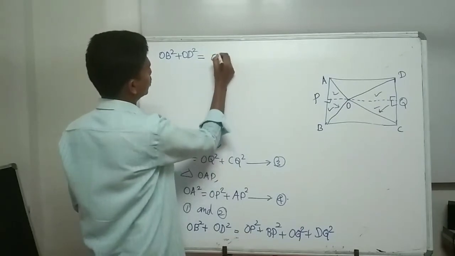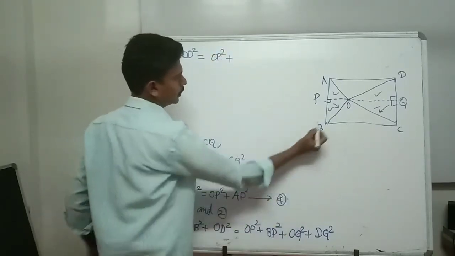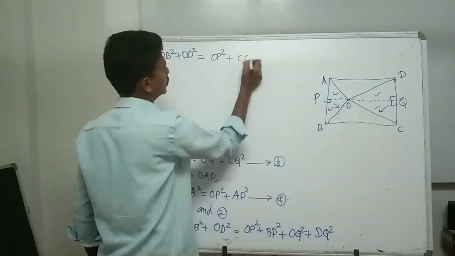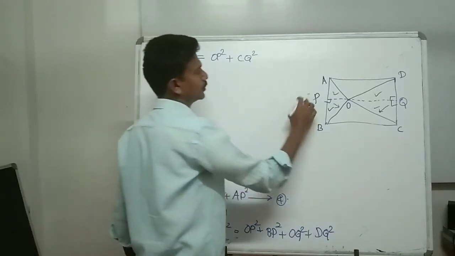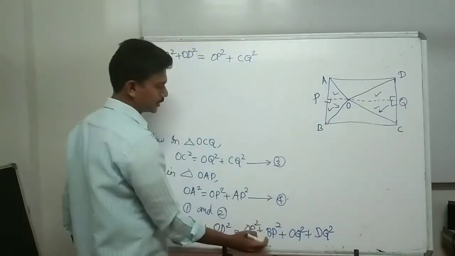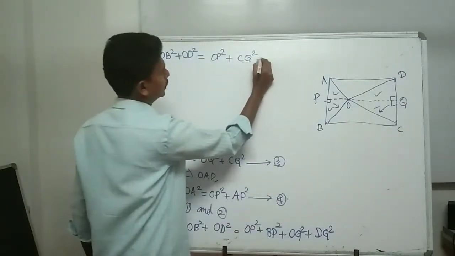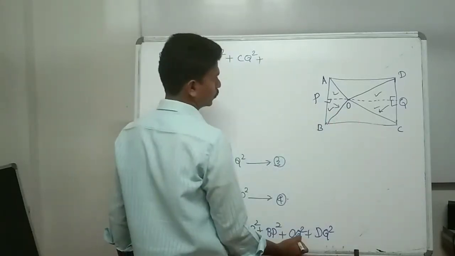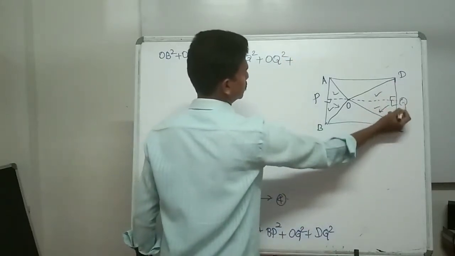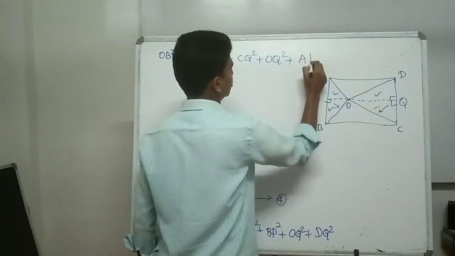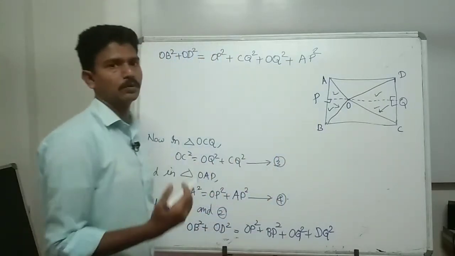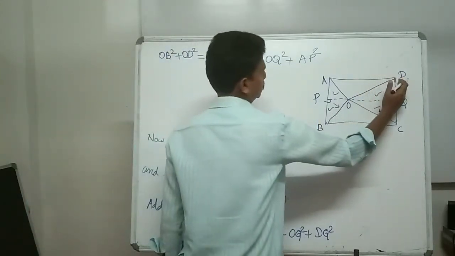Again we can write OB square plus OD square is equal to OP square plus, instead of BP, we can write CQ square. Why are we writing CQ instead of BP? Because it is a rectangle, and opposite sides are equal. BP is equal to CQ. Plus OQ square, then instead of DQ we can write AP square, for the same reason, because we are using the rectangle property: opposite sides are equal.